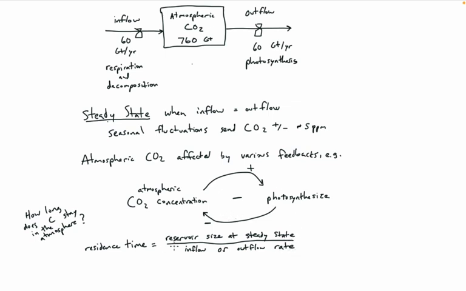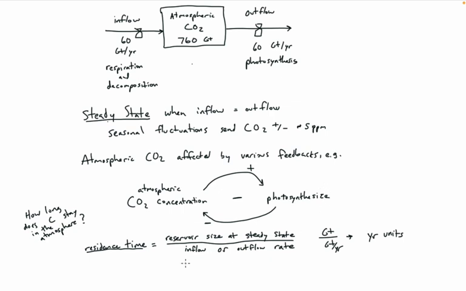If you think about this for a moment, the units were gigatons for the reservoir, and then the flows were in gigatons per year. So the units are going to be in years. So it's a time scale, like we would expect for something called the residence time.